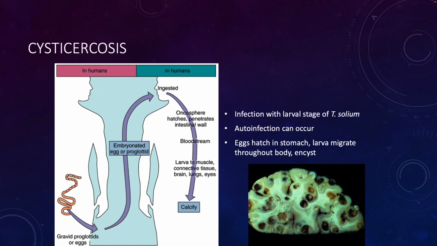because of auto-infection. For example, if you already have the tapeworm in your intestines and you're passing proglottids, if you don't have good personal hygiene, you could get proglottids on your hands and get those in your mouth. So that's why we always wash our hands after we go to the restroom. Or if a patient has an infection and they don't practice good personal hygiene and somehow you get exposed to something that they've contaminated with proglottids.